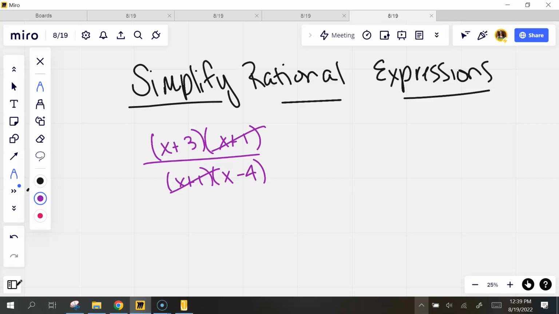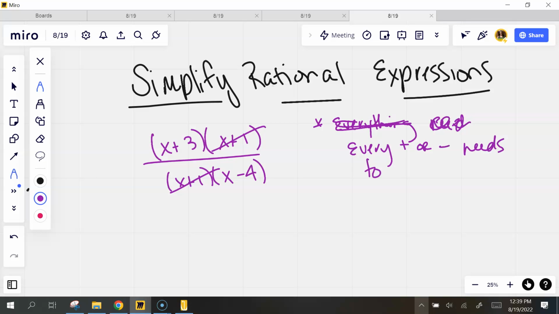Okay, so we can cancel out factors, but here's the key. Before you start canceling, every plus or minus needs to be in parentheses.